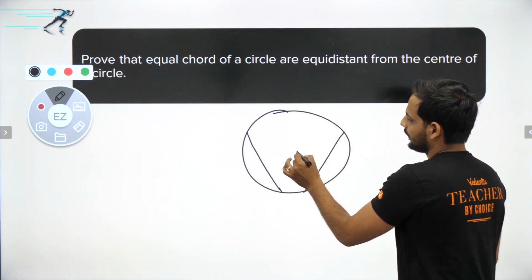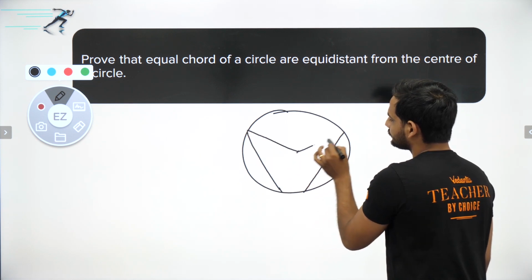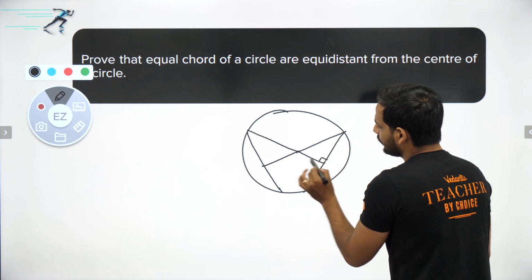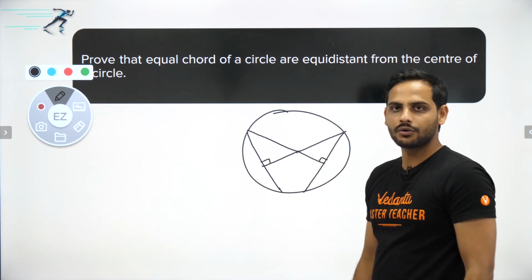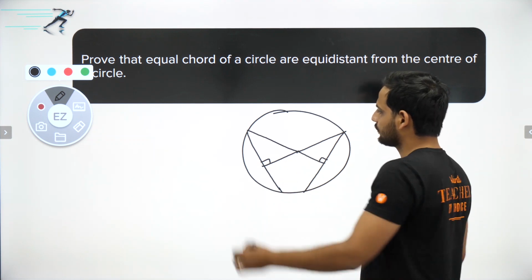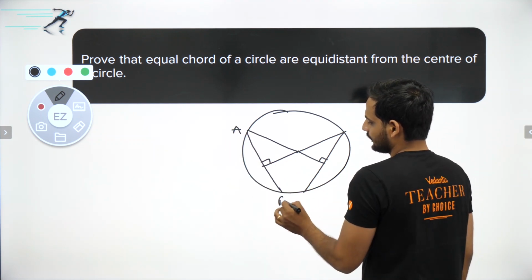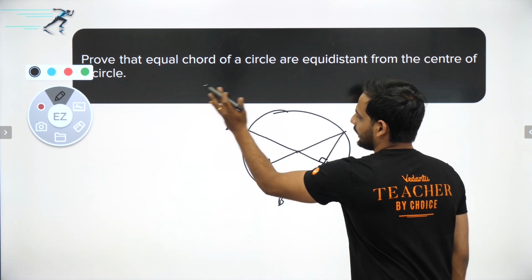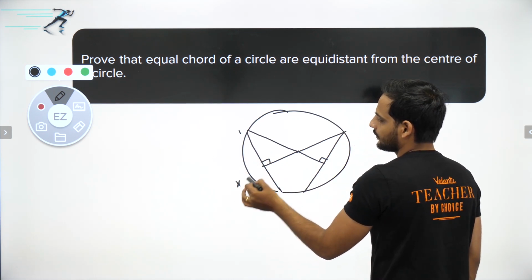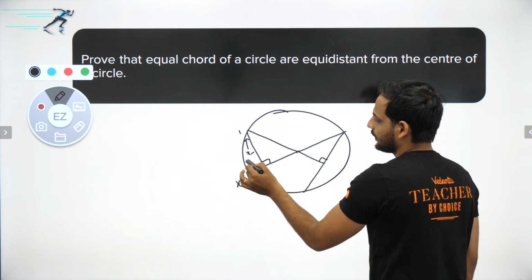So now let's say if the chords are equal, chalo, let us draw perpendicular on both the chords. If I draw the perpendicular on both the chords, the perpendicular from the center bisects the chord. So let us say length of this chord was x. Let us say length of this chord was x. So now this part will be x by 2.